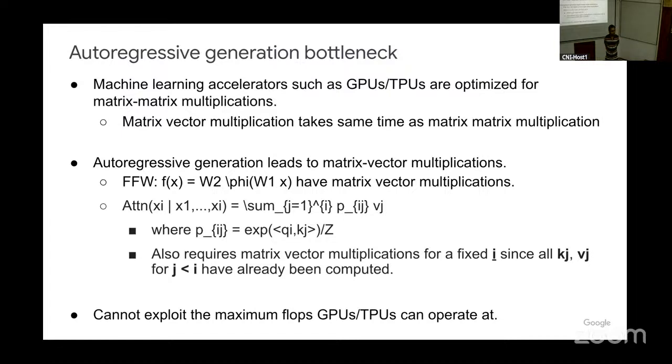I guess it just depends on the architecture of these GPUs or TPUs. They have registers which are shaped in the form of a matrix. So one matrix is loaded into one of the registers, and the other registers basically send the vectors in.